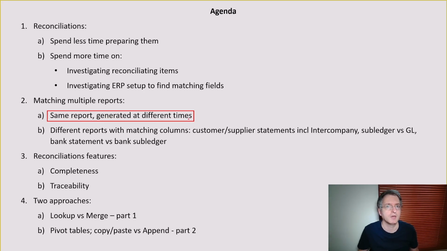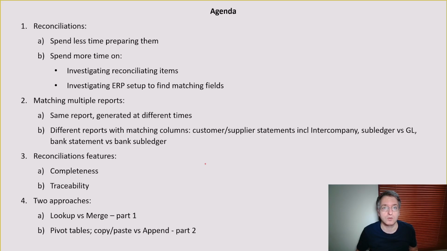For example, if something gets posted after close, you could easily compare and see what was back posted. And then the second use case would be different reports with matching columns. So examples would be customer or supplier statements received from external parties, matching the subledger with the GL, or matching the bank statement with the bank subledger.